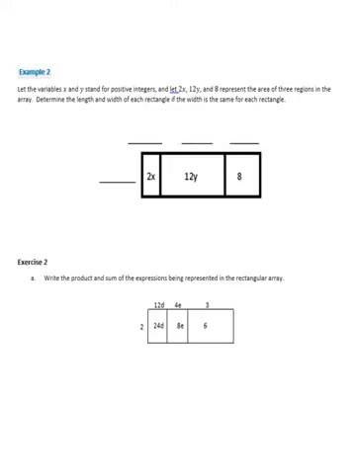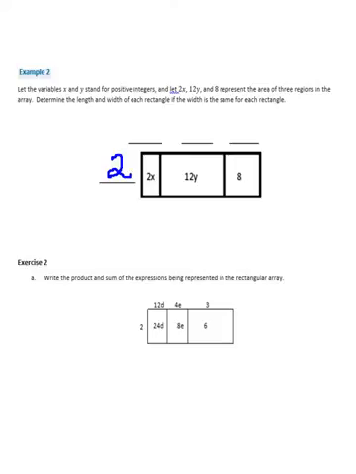So first off, let's look at what we actually have for the area of each section of the array. We have a 2x, a 12y, and an 8. What do I know about 2x, 12y, and 8? In other words, what do they all have in common? Yeah, they have a 2. So I could factor out a 2 from each section.